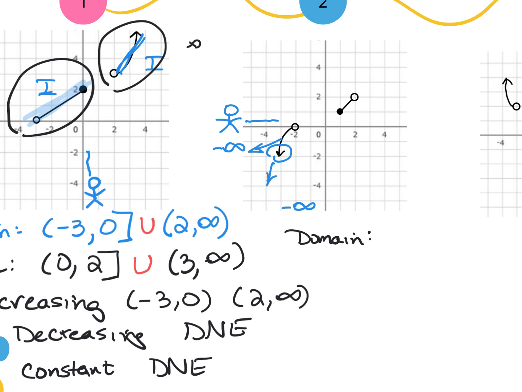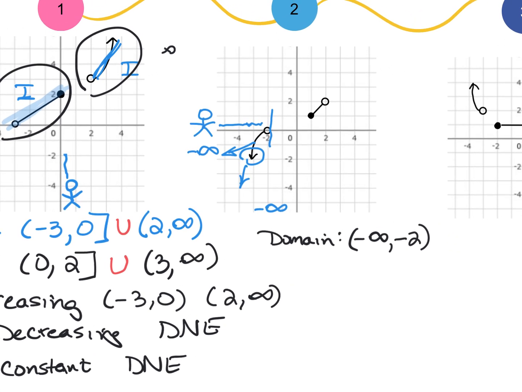So my domain here is going to be, the first thing I encountered was the arrow pointing to negative infinity. And then as I walk along, this is where it stops, at -2, and it's an open circle, so it's a parentheses. Then I've got the gap, no graph.